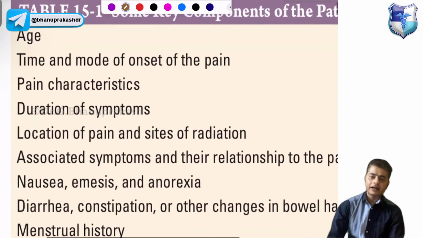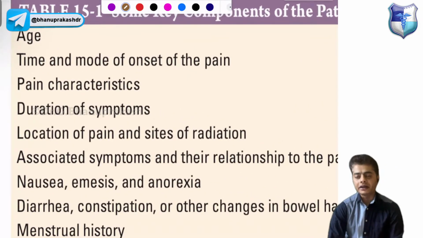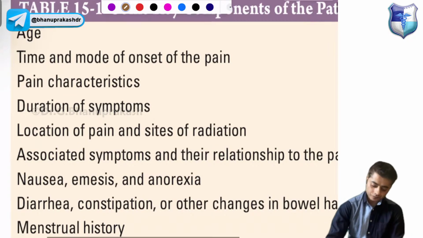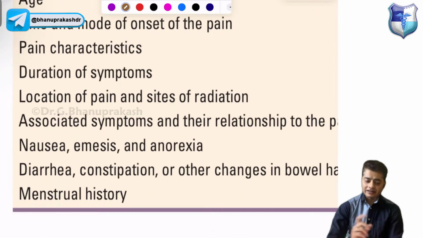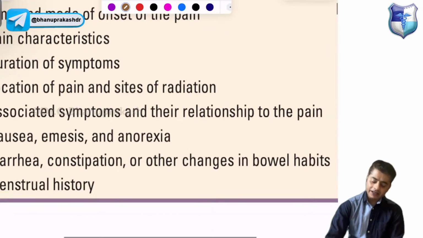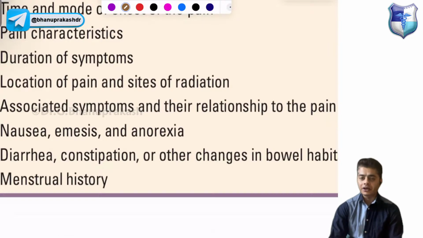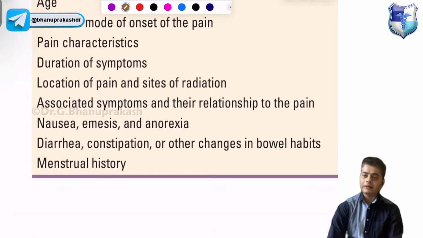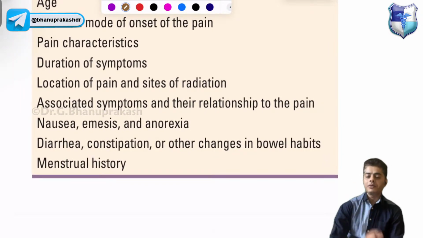After that are the pain characteristics: how the pain is radiating, is it colic type of pain, is it visceral type of pain, is it parietal pain. How long is the duration of symptoms? Location of pain, site of radiation, any associated symptoms and relationship to the pain. Is the pain associated with nausea, emesis or anorexia, with diarrhea, constipation or other change in bowel habit, and menstrual history. Especially in female patients, you have to ask the menstrual history.